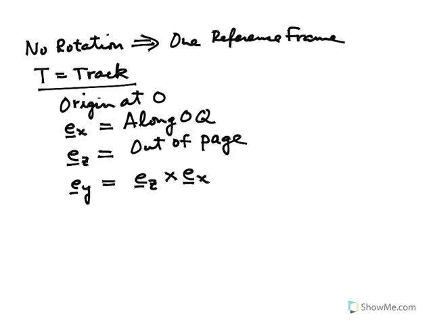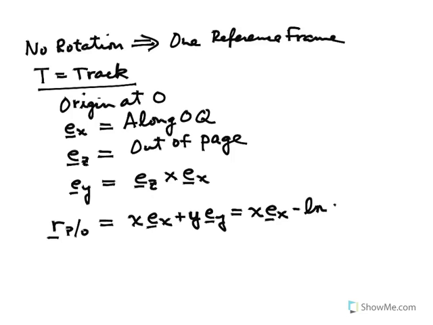Given this coordinate system, the position of point P relative to O will be parameterized as x EX plus y EY, which is equal to x EX minus the natural log of the cosine of x times EY.